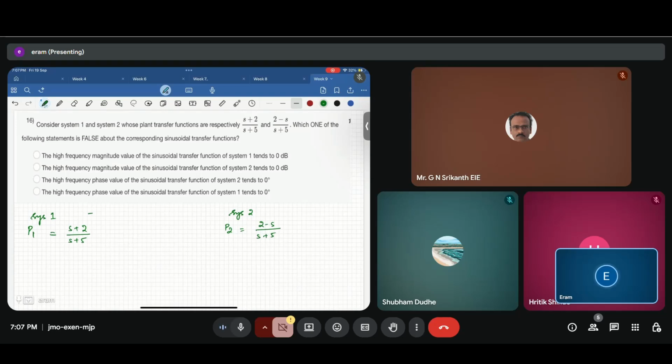For these two systems, check which statement is false. So the first two statements are related to high frequency magnitude. So calculate the high frequency asymptote, the magnitude of the high frequency asymptote, of these two transfer functions. So what can you observe for these two transfer functions?